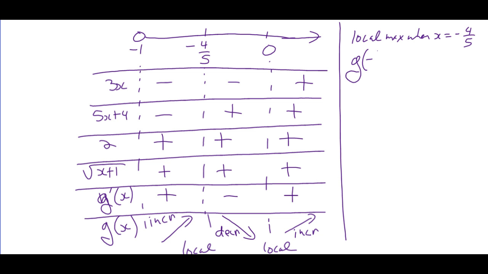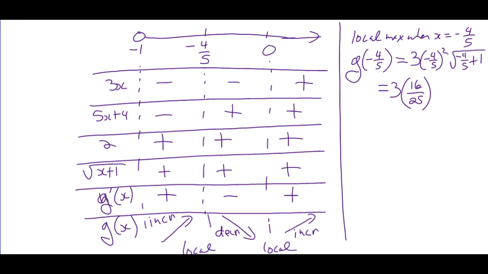So we need g at negative 4/5, which is equal to 3 times negative 4/5 squared times the root of negative 4/5 plus 1. Okay, so that's 3 times 16 over 25, right? This will always be positive, so.